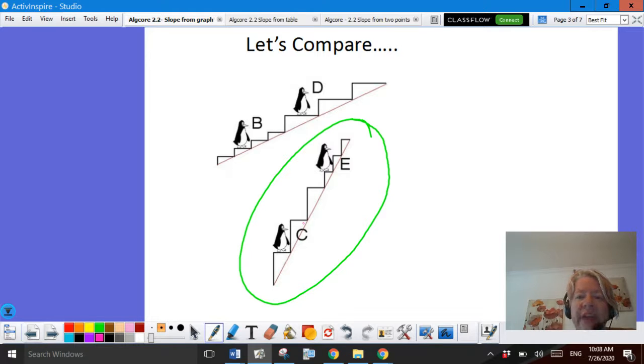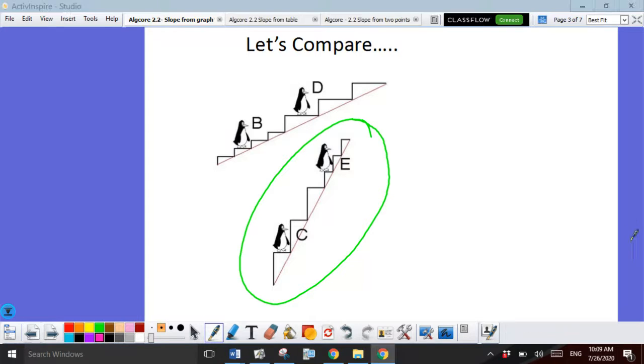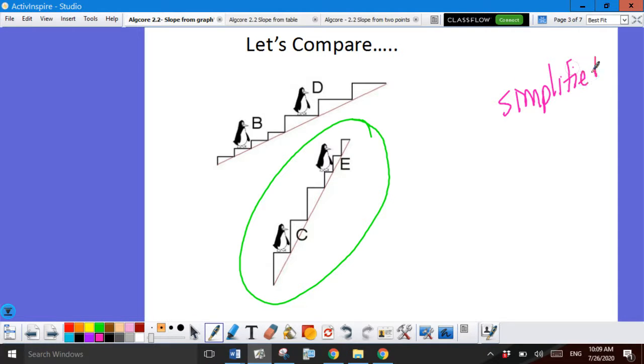Well, I want you to think about what we do with slope, because we always talk about how slope needs to be simplified, okay? So for example, if this is 4 and this is 2, that slope would be 4 over 2. Well, this slope is 2 and 1. So that slope is 2 over 1. Now here's what I notice.